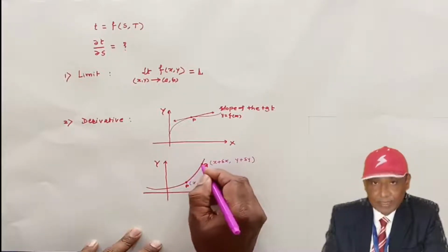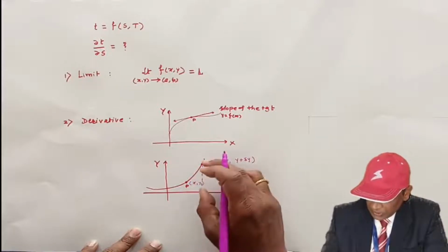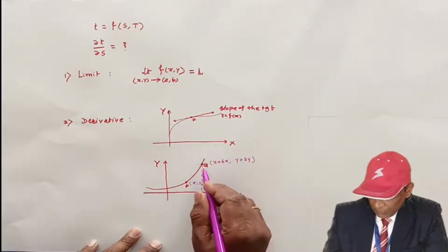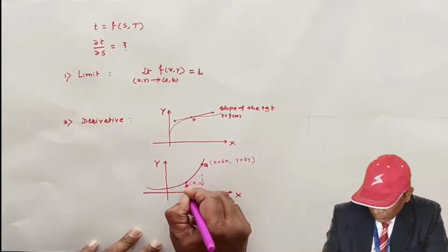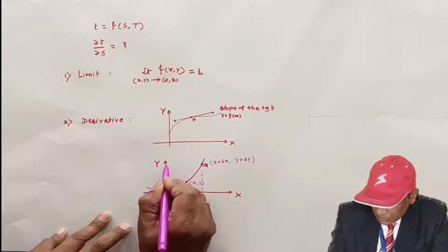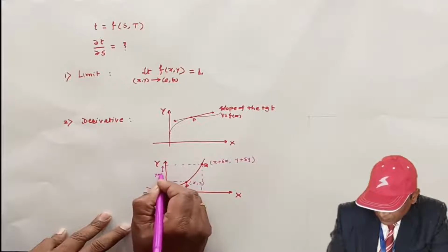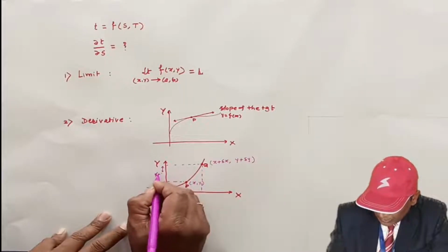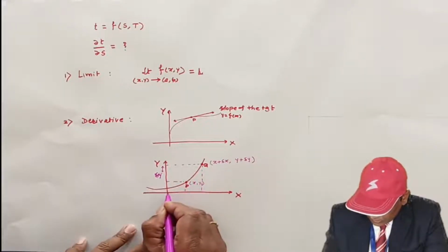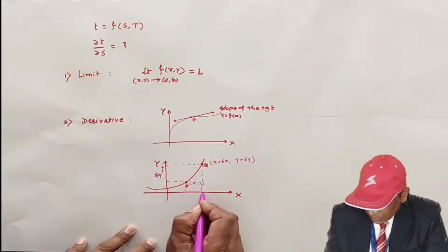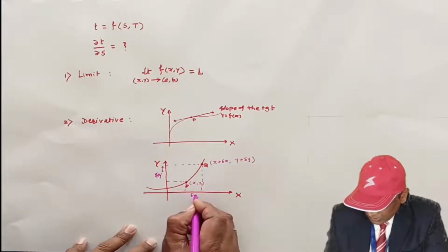This distance is y, this is delta y, so the total is y + delta y; and this is x, and this is x + delta x, so this much is delta x.